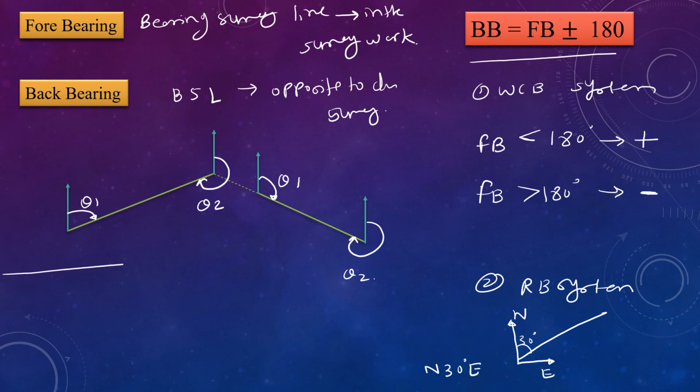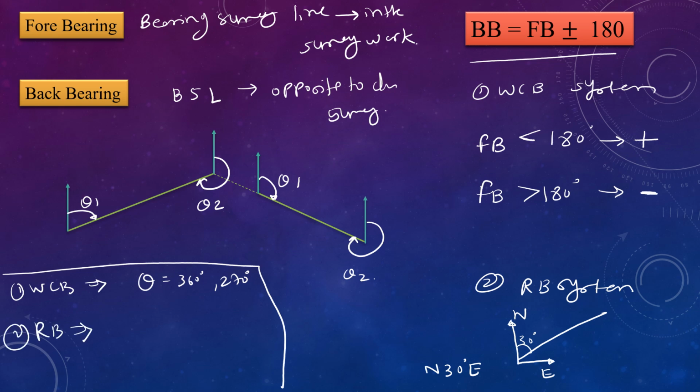One more point: in the WCB system, we directly mention the angle, like theta equals 360 degrees or theta equals 270 degrees. But in case of reduced bearing, we represent the angle as north 30 degrees east. If the angle is like this, 30 degrees, represent this as north, east: north 30 degrees east.